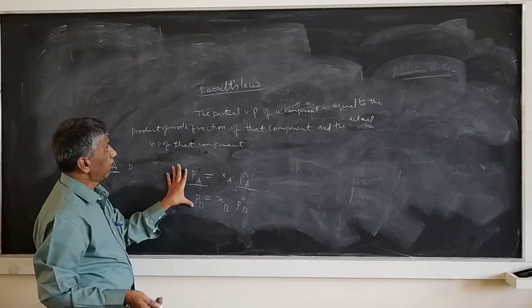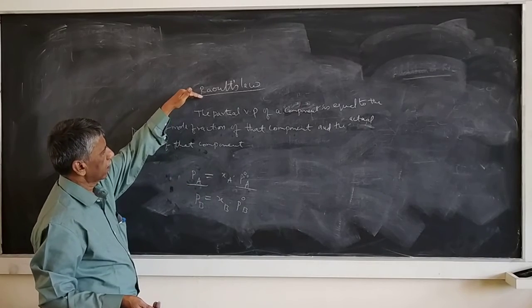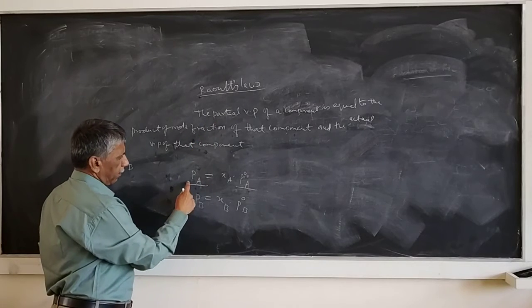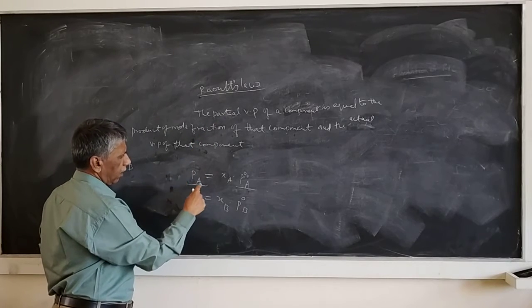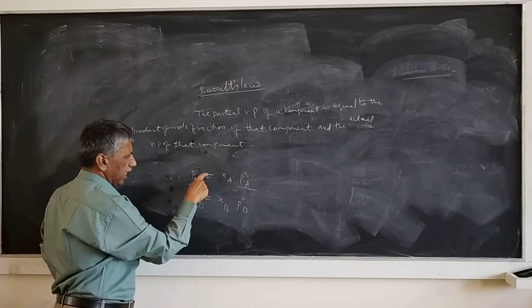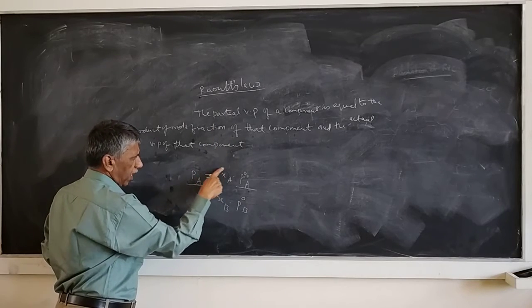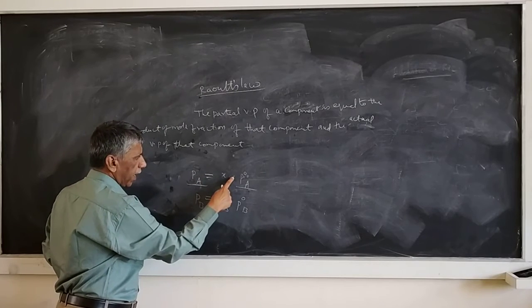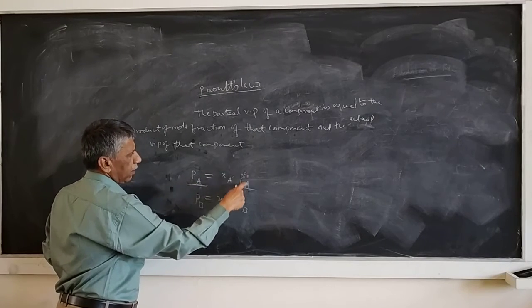So this is Raoult's law. This is the definition of Raoult's law: the partial vapor pressure of any component present in the solution is equal to its mole fraction multiplied by its actual vapor pressure.